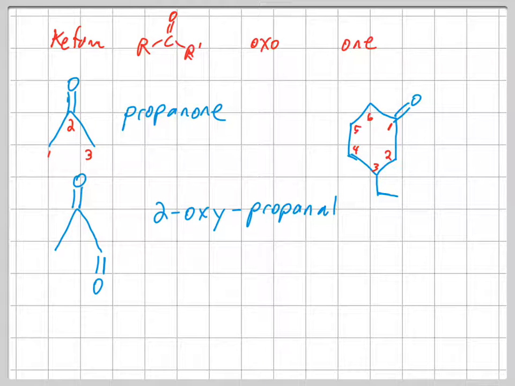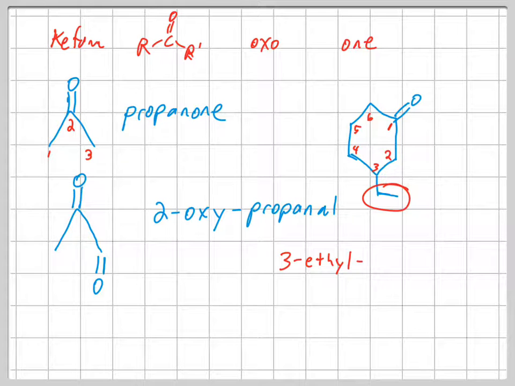The ring gives us a cyclo prefix. So in this case, we would have 3-ethyl. That's because this ethyl group is on that 3rd carbon.